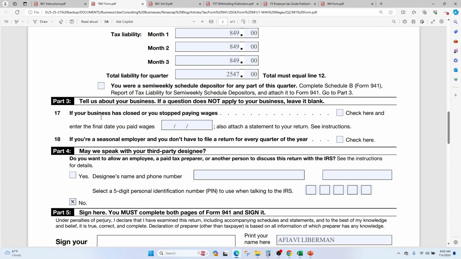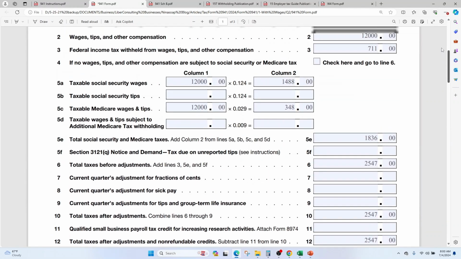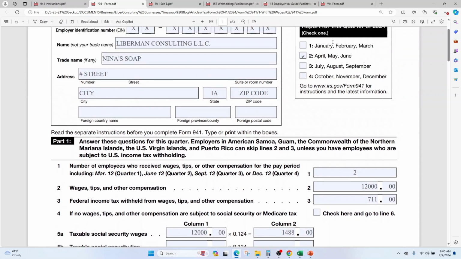You will check the box 18, then you check the quarter that the return is for.